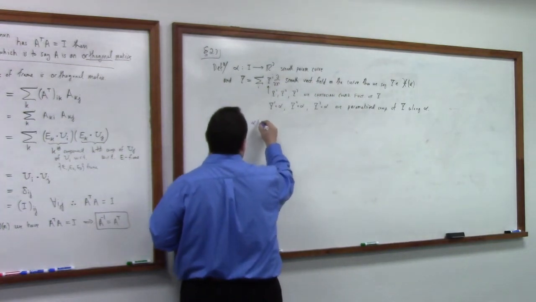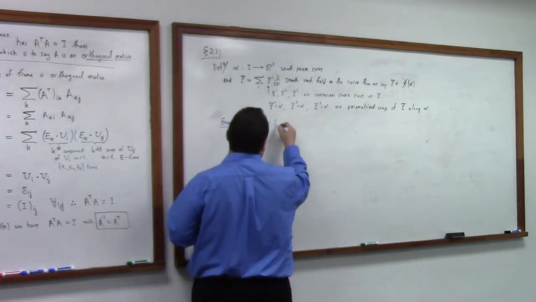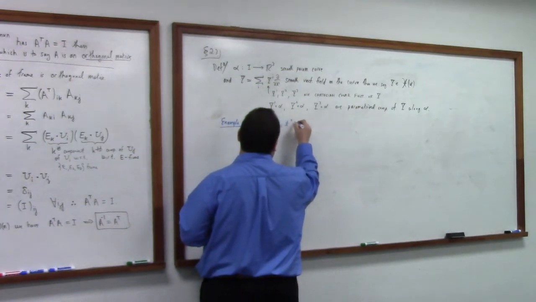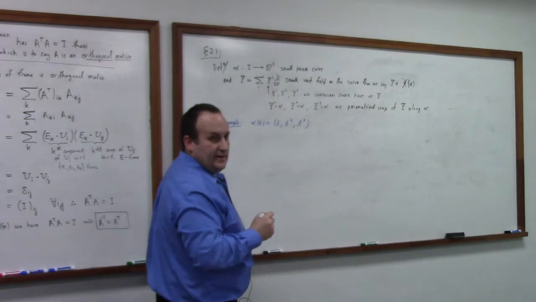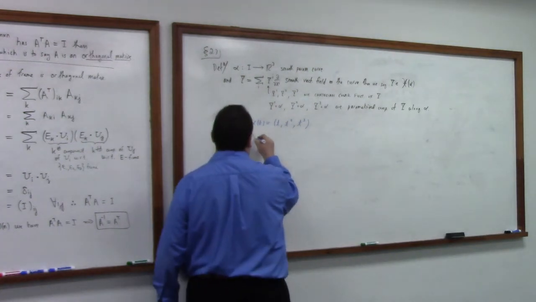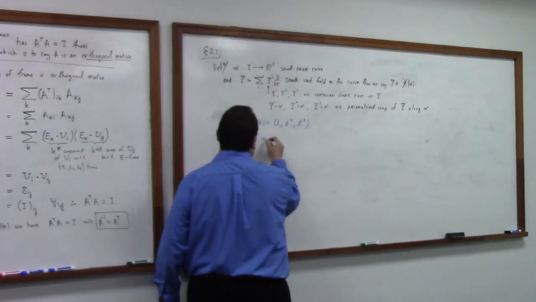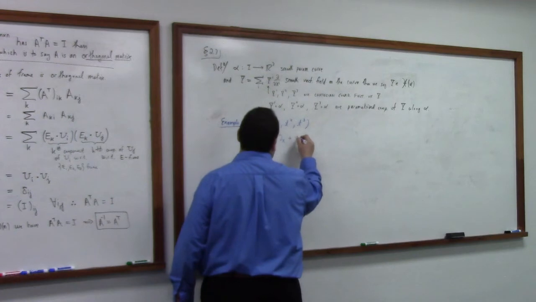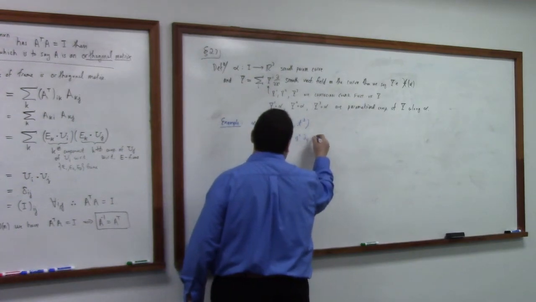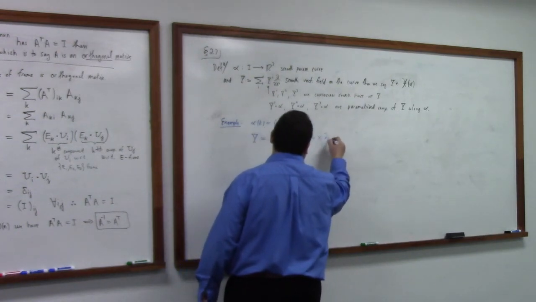How about alpha of t equals t squared, t cubed? And I'll look at the vector field y equal to, let's do something funny, z cubed partial x plus y squared partial y plus x partial z.